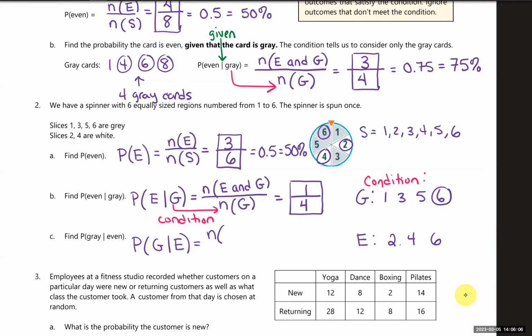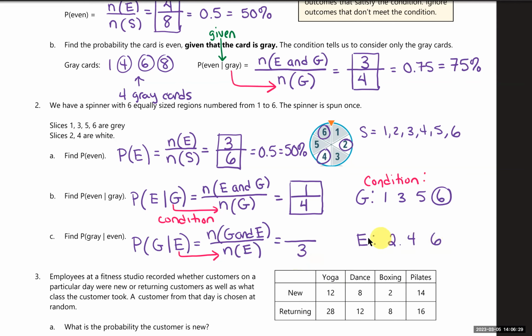So we're looking at the number that are gray and even, meet both conditions, among the ones that are even. So condition is your denominator. So I'm only allowed to look at those 3 even slices.